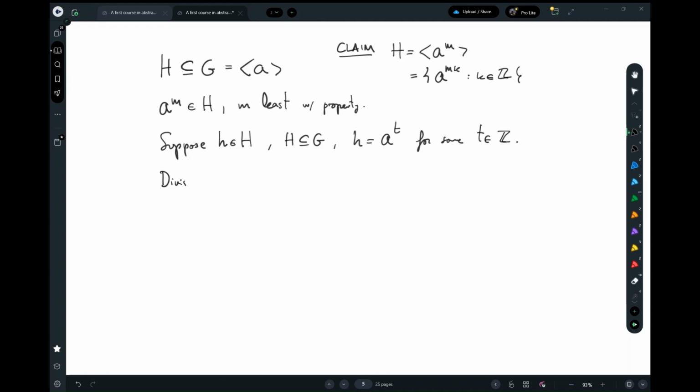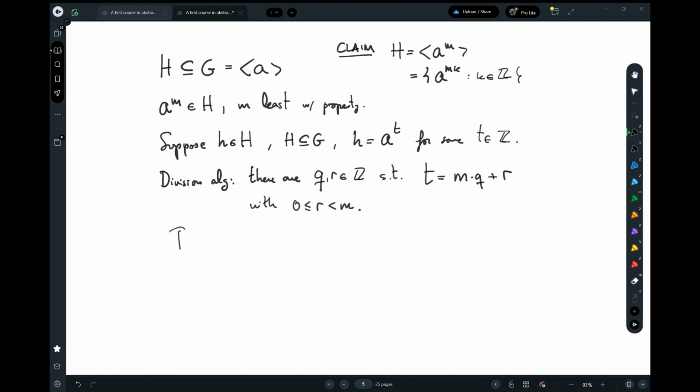So by the division algorithm, it tells me that there are q and r, a quotient and a remainder, in the integers such that t is m times q plus r with the remainder between 0 and m, because I'm dividing by m. Then I'm hoping that that remainder is actually 0, so that t is a multiple of m, like I'm claiming.